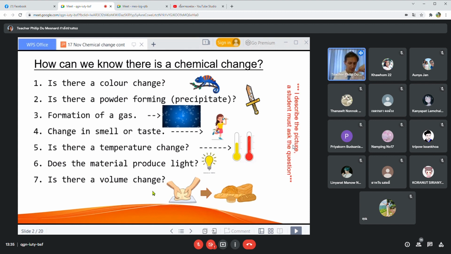Okay, let's start with some students. Let's start with T. Number 3, T. I see a light bulb. And what is the question? Number 6. Can you please read 6?